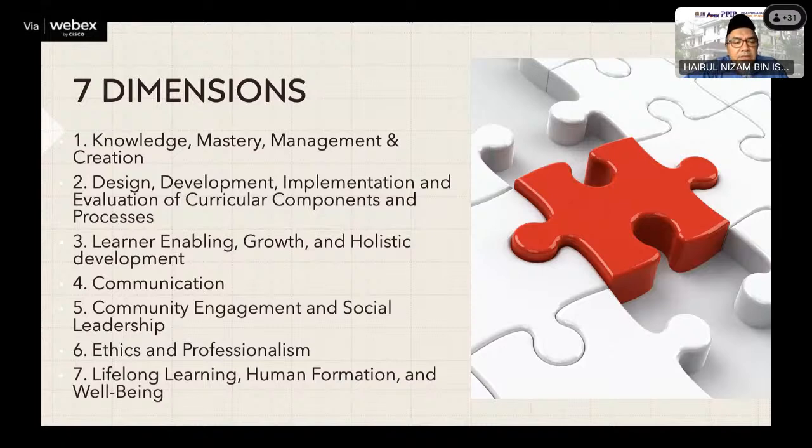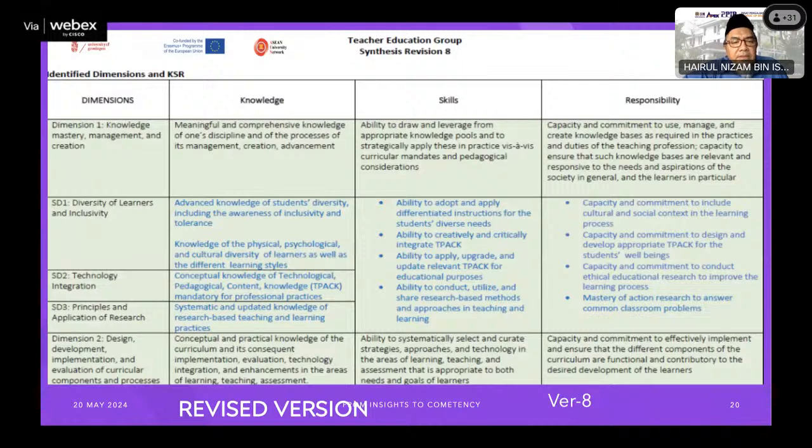So of course, each dimension will have specifics. Again, we won't be able to go into much detail. We use the same table to make the mapping and alignment from dimension to sub-dimension, and also to look at how these dimensions and sub-dimensions are translated into 3 different components, which are knowledge, skills, and responsibility.